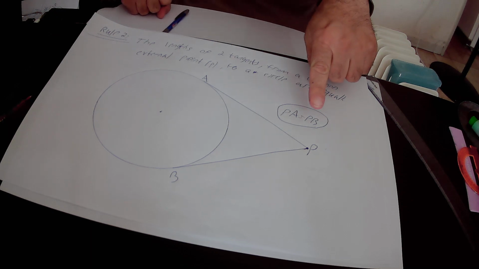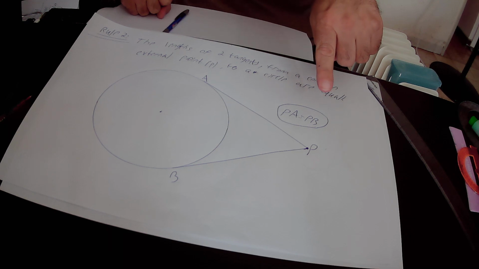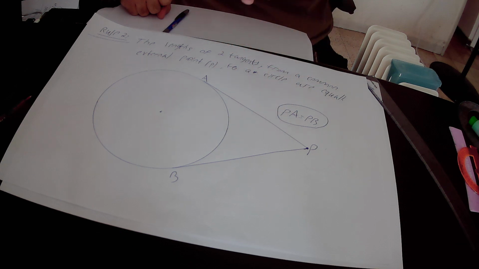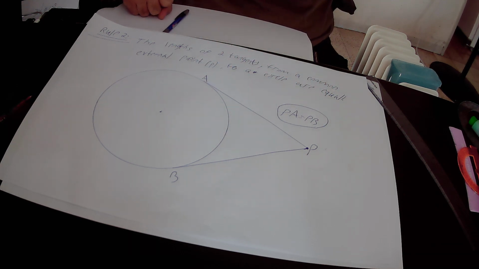We have the common external point, point P. From the common external point, point P, we draw two tangents to this circle, tangent PA and tangent PB. Tangent PA tangent to the circle is point A, and tangent PB tangent to this circle is point B. According to this rule, whenever you draw two tangents from a common external point to a circle, then the lengths of the two tangents will be equal to each other. That is to say, PA equals PB.